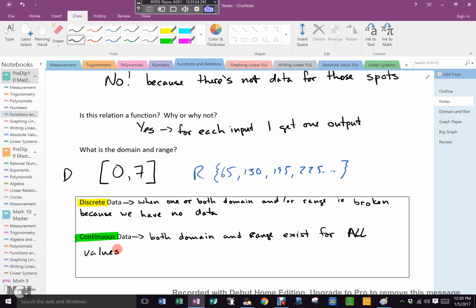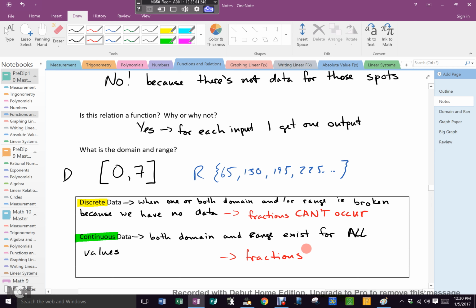From a math perspective, discrete data means fractions can't occur. And continuous data, obviously all values, fractions are okay.